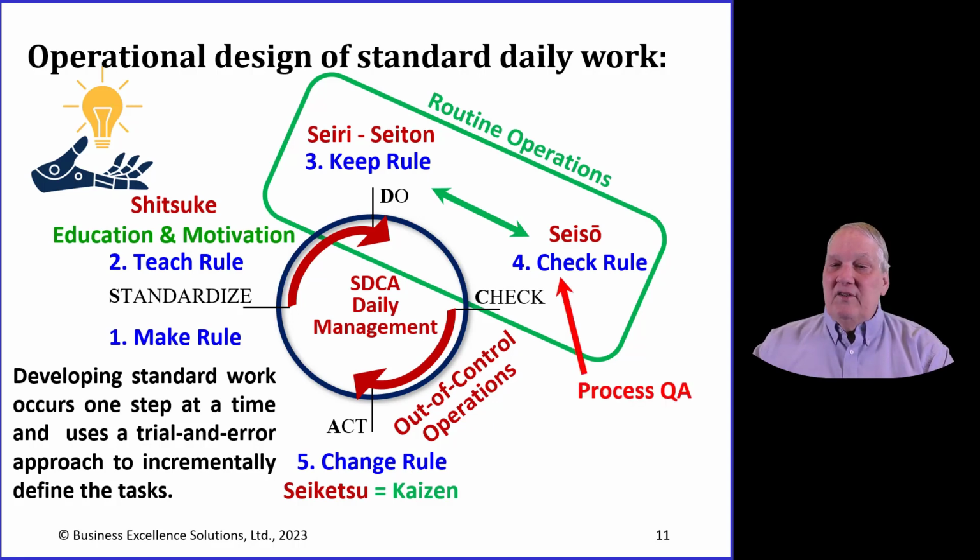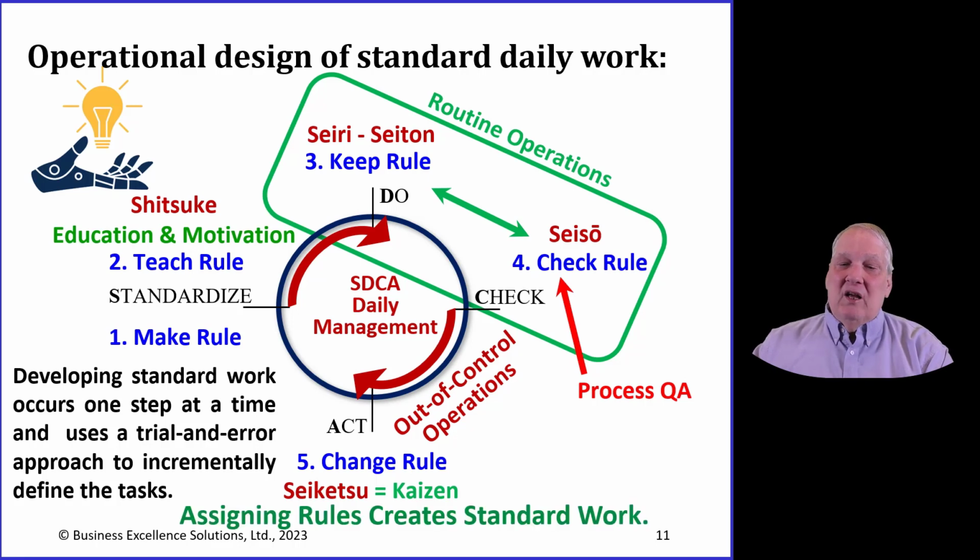And so this is process QA happening in the check rule. If we see that there is a problem, the question is, can we actually fix it in the daily management system? If we can, then it stays in this out of control condition. And so we're going to assign rules to create standard work. And this is how that standard work is happening.